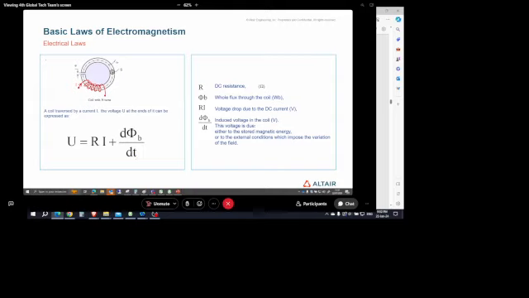Actually, dphi by dt, if you remember from Faraday's law, is a voltage. So if there is a magnetic flux variation across time, we are going to create a voltage as well.